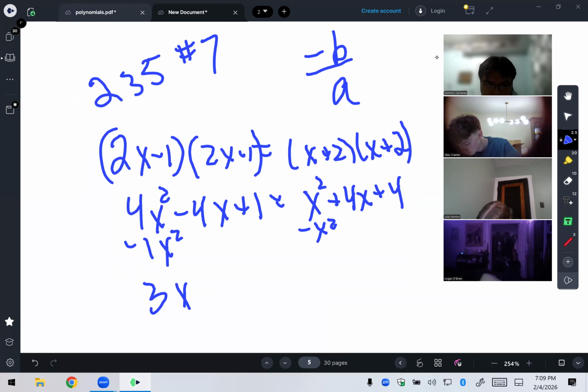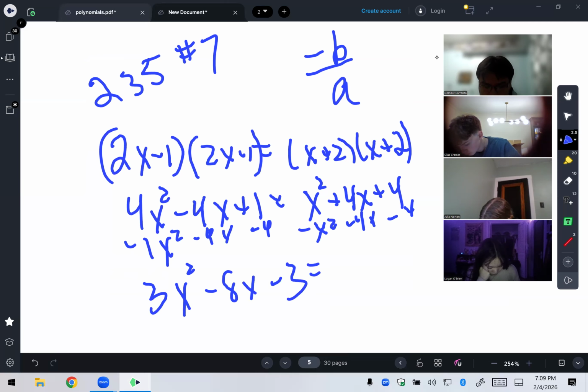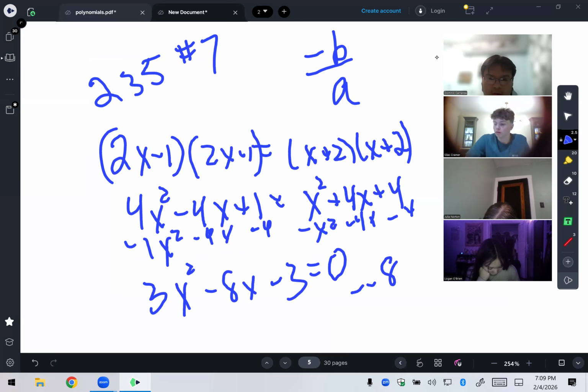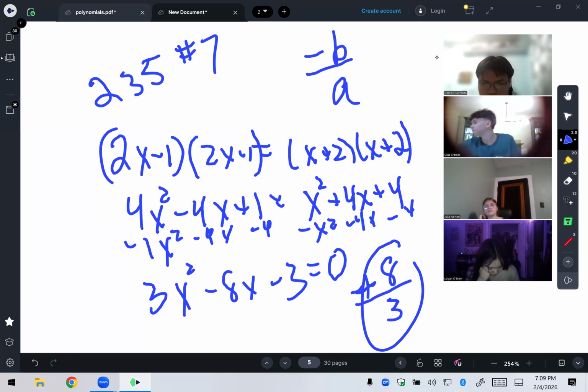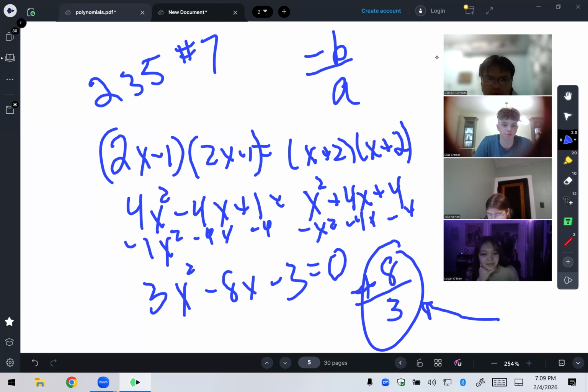That'll give us 3x squared, subtract a 4x, minus 8x, minus 3 equals 0. Okay, so now we're home free. We only need minus b over a. So while all your classmates are scrambling to get the 2 solutions, you can just whip out minus b over a and get an answer to a problem that would probably take them a couple minutes.